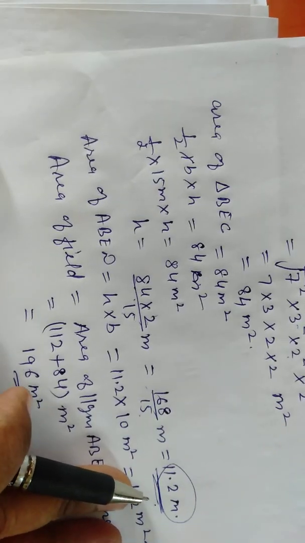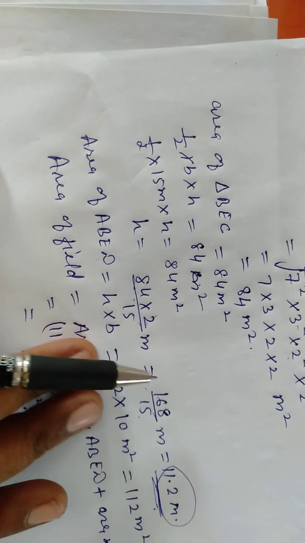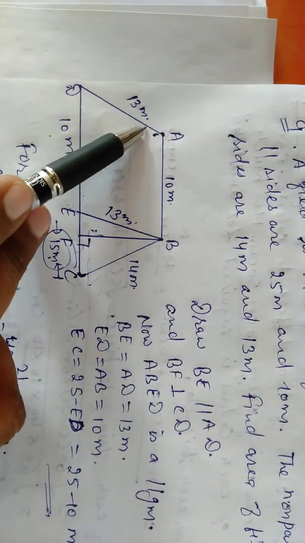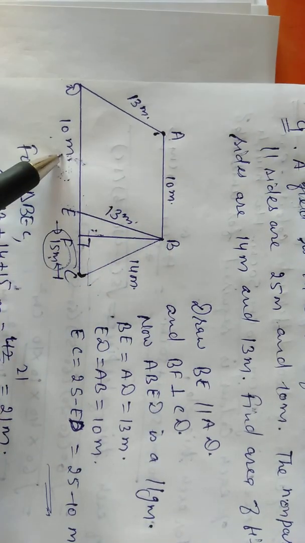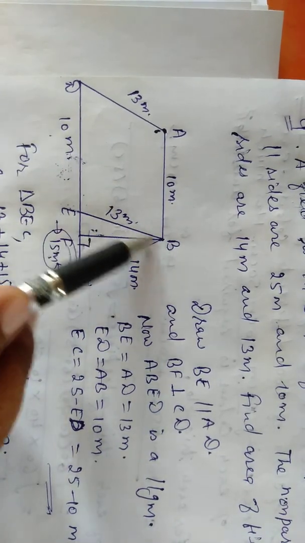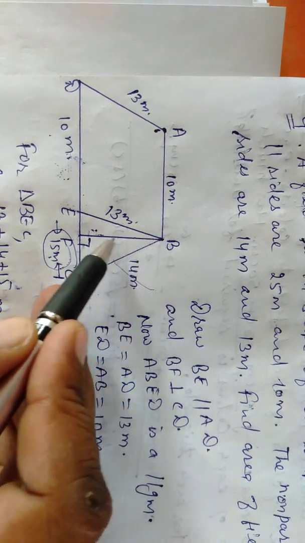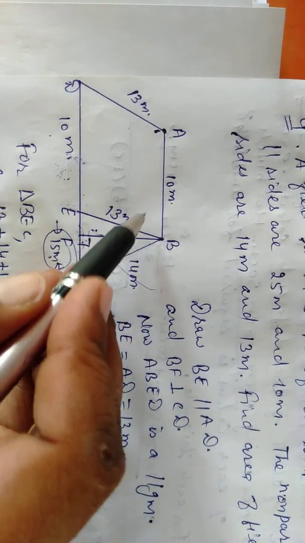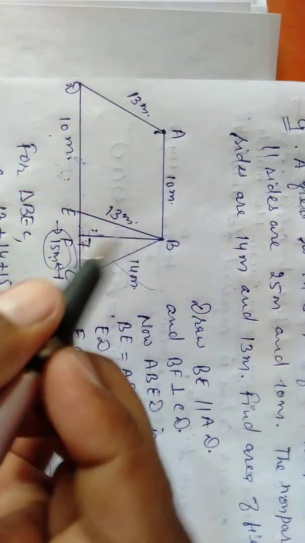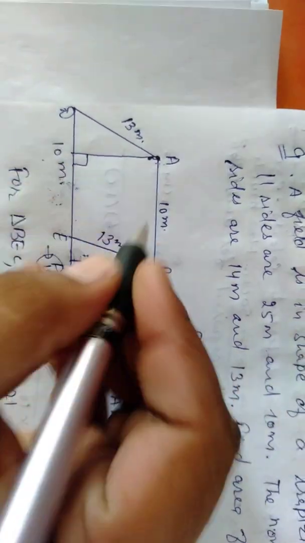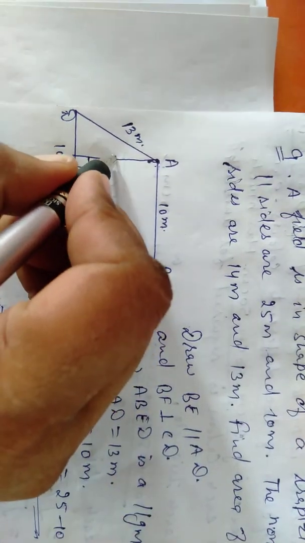This is the height. So the area of ABED, as you see, ABED is a parallelogram. 13, 13, 10, 10, as you see, opposite sides are equal, so this is a parallelogram. So we need the height. This is the height of this parallelogram. It is outside, it's okay. If you want to draw the height here, it will be similar to that, right?